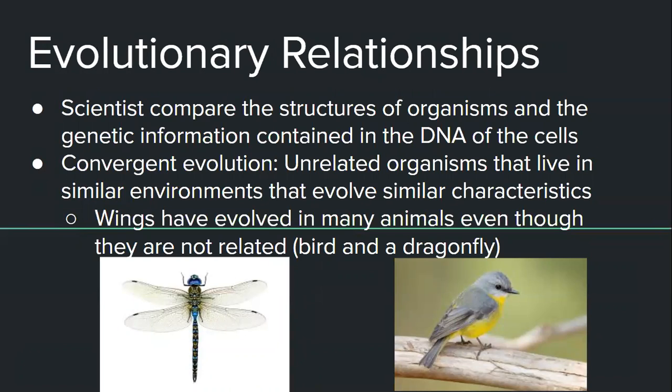Scientists determine the evolutionary history of a species by comparing the structures of organisms. Scientists also compare the genetic information contained in the DNA of organism cells. Sometimes unrelated organisms that live in similar environments evolve similar characteristics. Sharing common characteristics, however, does not necessarily mean that organisms are closely related.